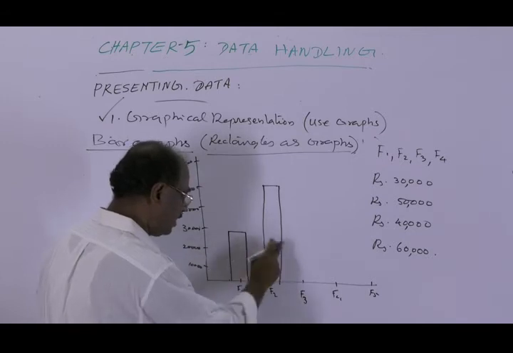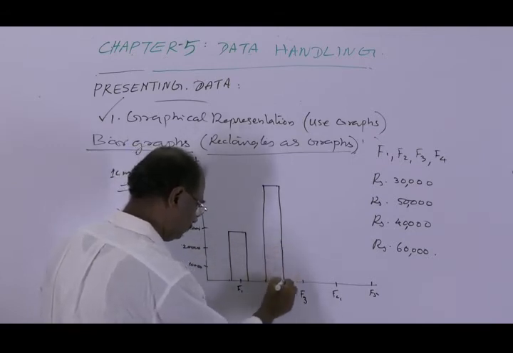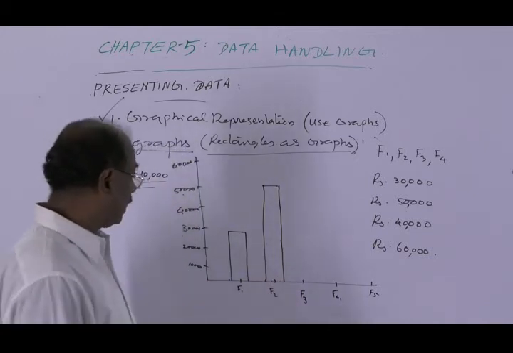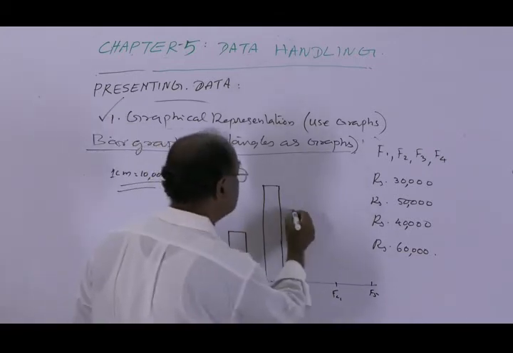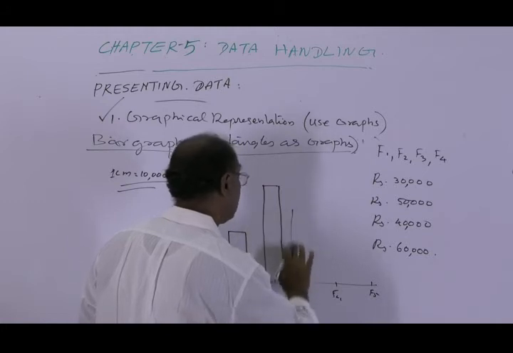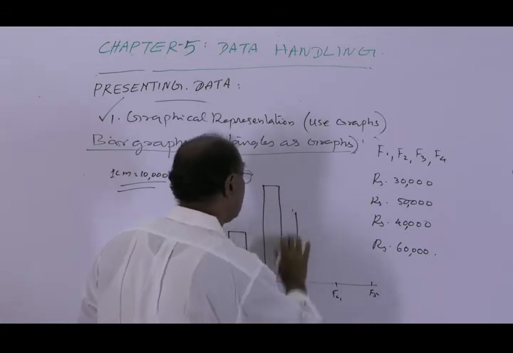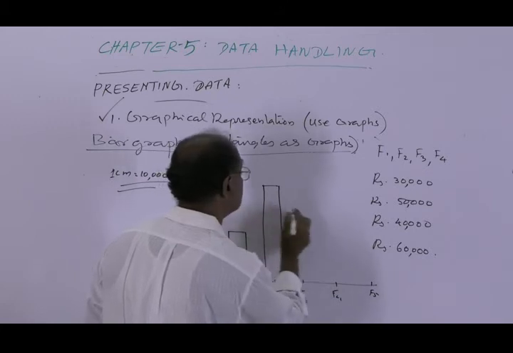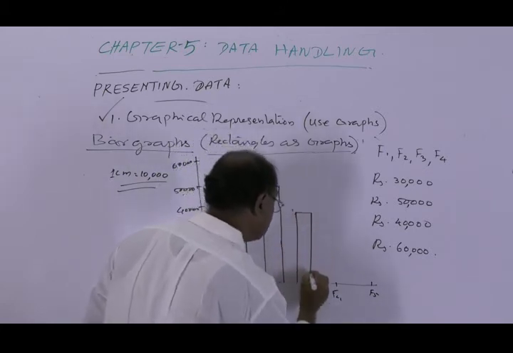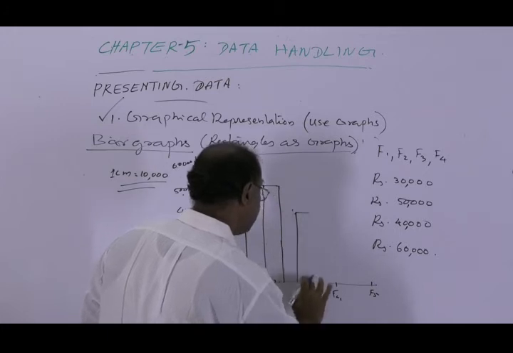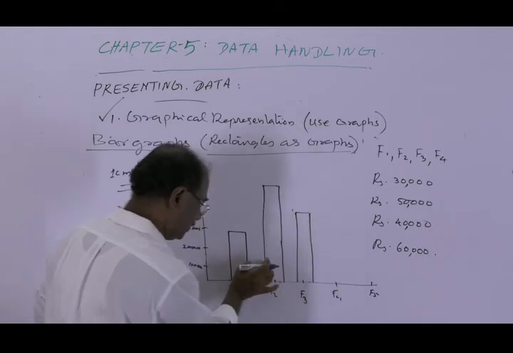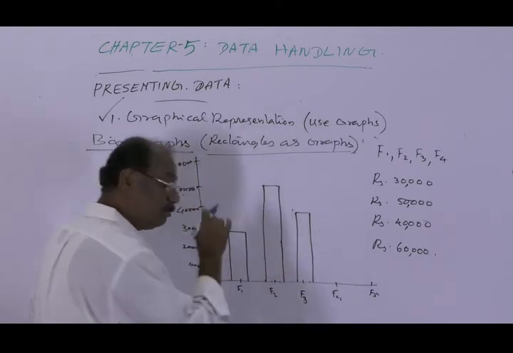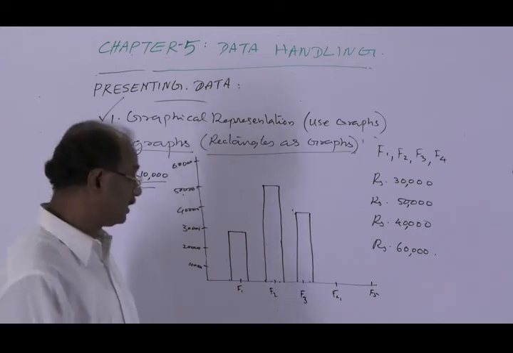Then for F3, 40,000, again the same width and equal spacing in between the two bars. So the space between two bars will be the same, equal spacing.